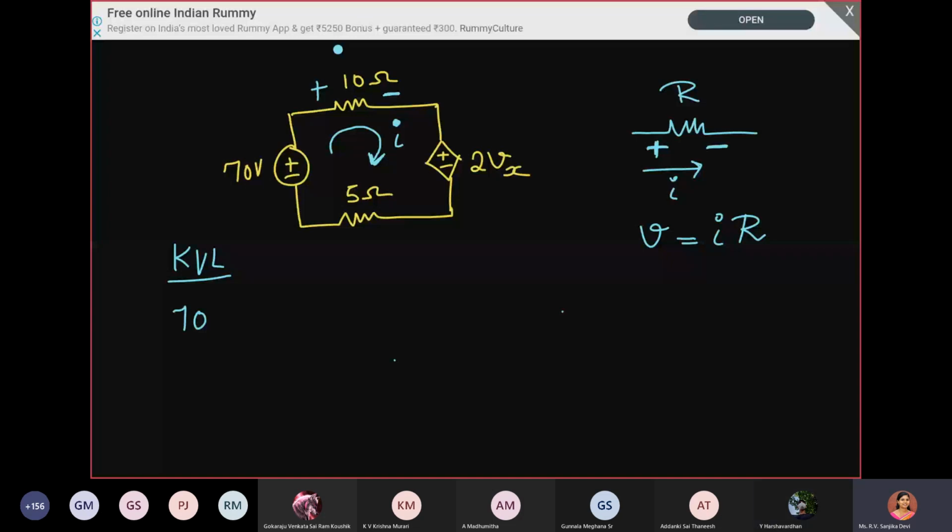So it has to be minus 10I. Then for the dependent voltage source, we are coming out of the negative terminal, so it has to be minus 2Vx. That is for the third element.